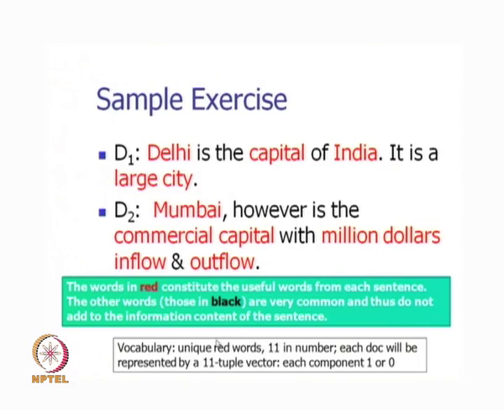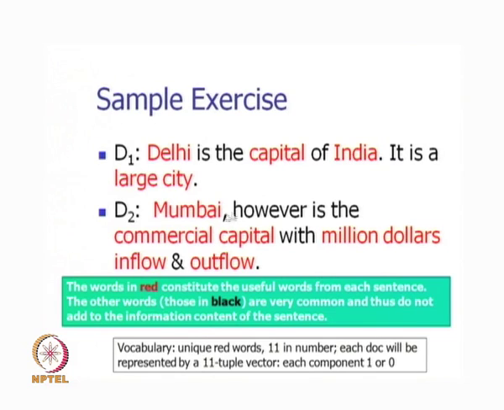So, the vocabulary is constituted of the red words which appear in these documents. That means they are the words which are not stop words, they are the content words and are important for the documents. Here the unique red words are 11 in number. Each document will be represented by an 11 tuple vector, each component being 1 or 0.